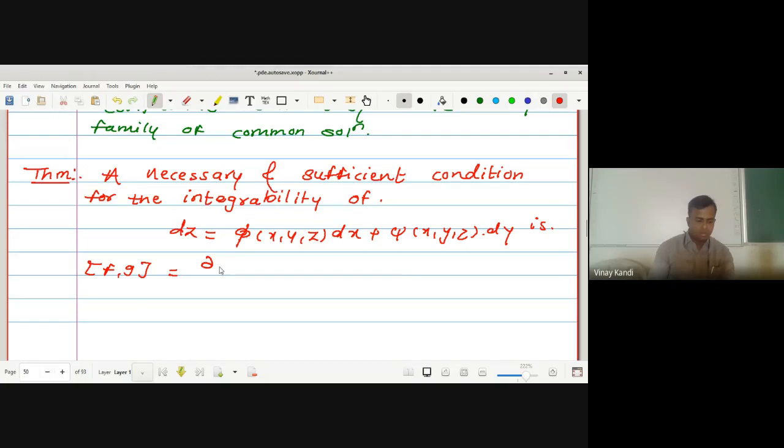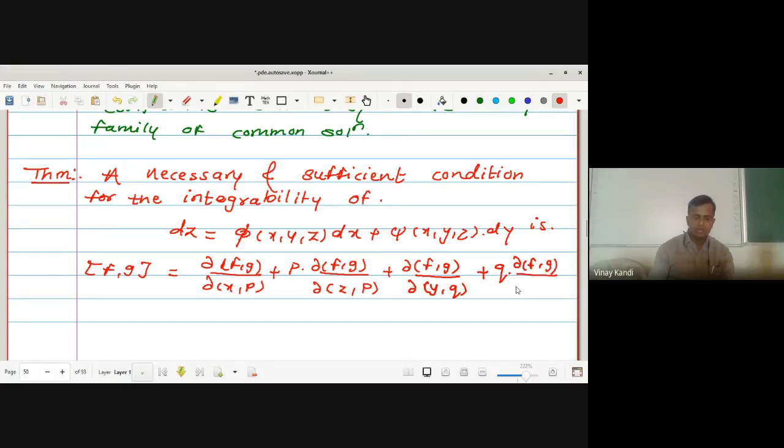The value of this is 0. Okay, so this is the necessary and sufficient condition for this differential equation to be integrable. Okay, now look at the proof of this theorem.